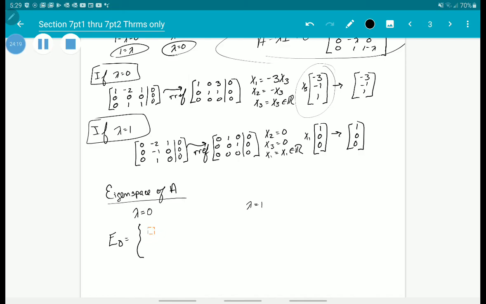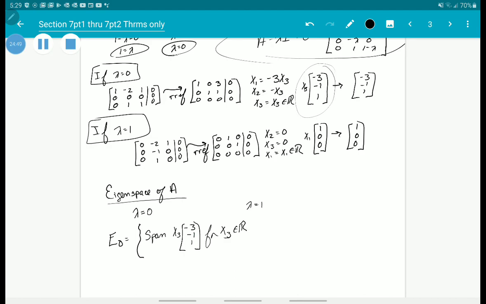So it's really going back to the span of x3 times the vector -3, -1, 1, where x3 can be anything. Now notice we will get the 0 vector if x3 is 0, because 0 times -3, -1, 1 would be 0.